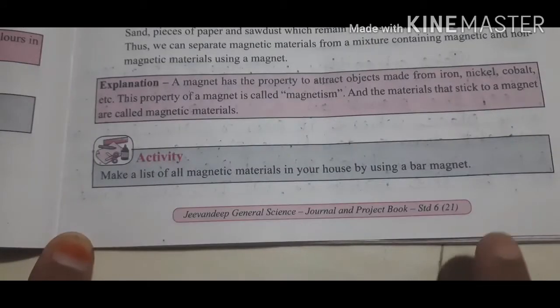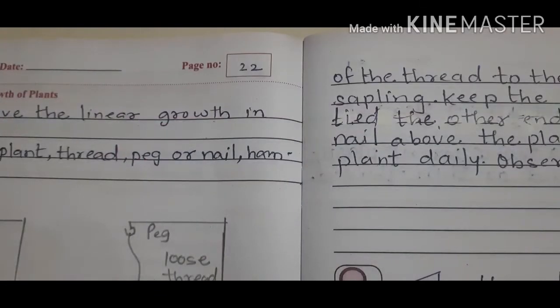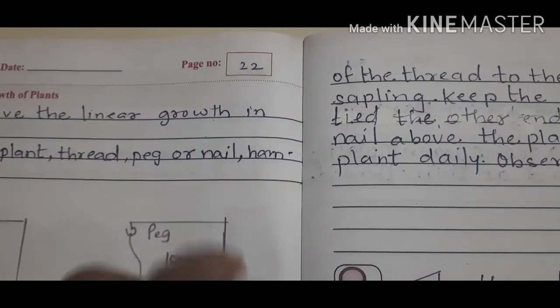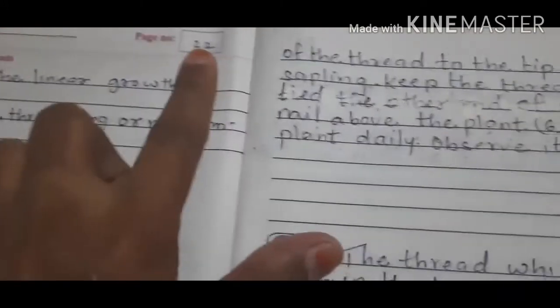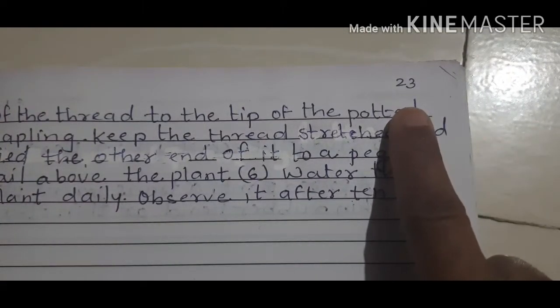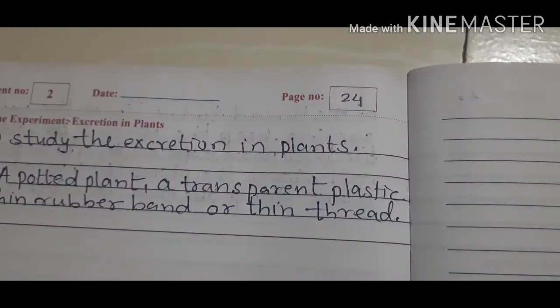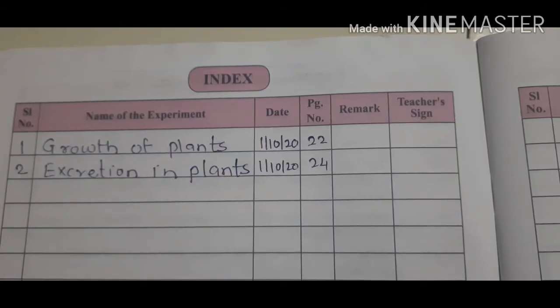This is page number 21. Our next page number will be 22. Yes, and then 23, 24, 25. After writing the page numbers, you have to fill the index column.